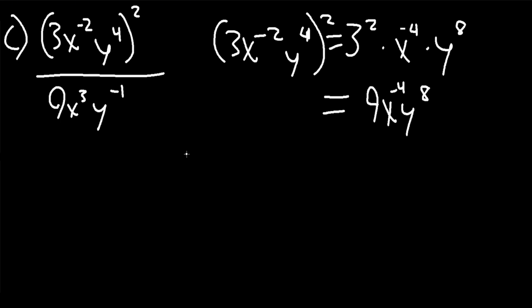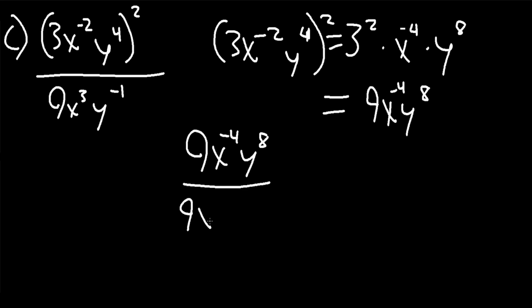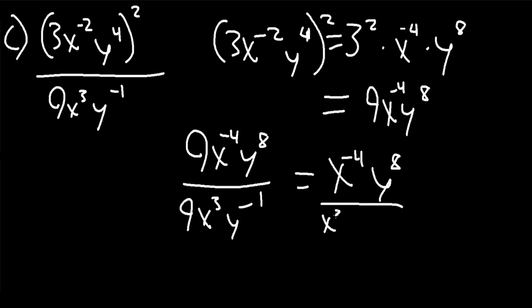Now, if we were to rewrite this, we would have 9x to the power of -4 times y to the power of 8 all over 9x cubed times y to the power of -1. We can simply cancel out the 9's, which are the coefficients, and so we'd get x to the power of -4 times y to the power of 8 over x cubed times y to the power of -1.